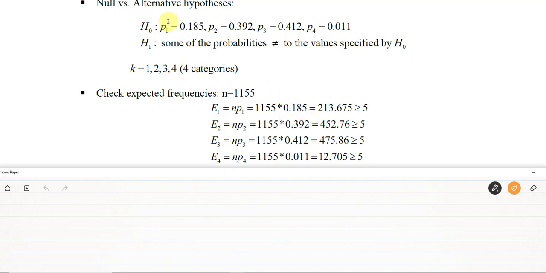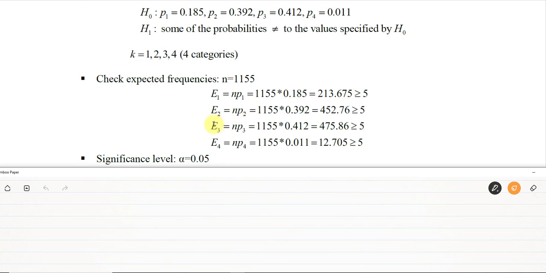So we take each of the null hypothesis probabilities, P1, P2, P3, P4, and multiply by n to get the corresponding expected value for each of calorie number 1, 2, 3, 4. We confirm that all 4 values are bigger than or equal to 5, and therefore we can proceed to the next steps in the testing procedure.